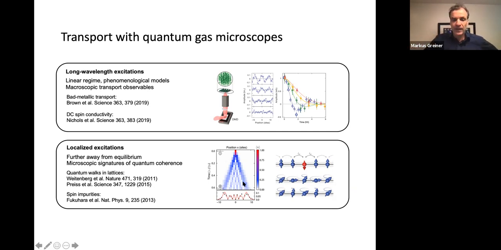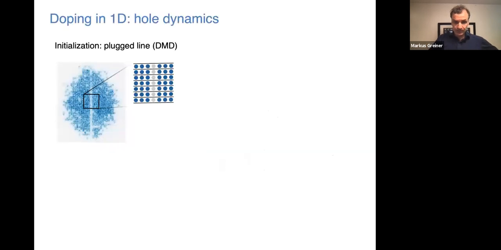And you see this famous quantum walk signature. And similar experiments have been done with magnetic excitations by Immanuel's group, right? You flip one spin and you see how the spin propagates.